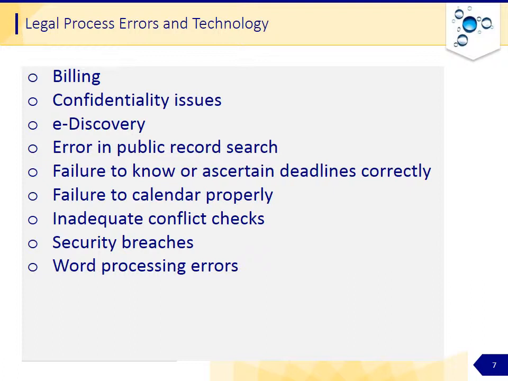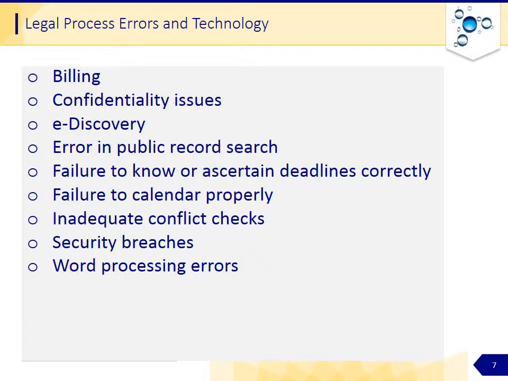Doing this reply all is a problem that can occur when using technology. Another example would be, during the discovery process, not accurately locating confidential documents and that being handed over to opposing counsel or to the court.